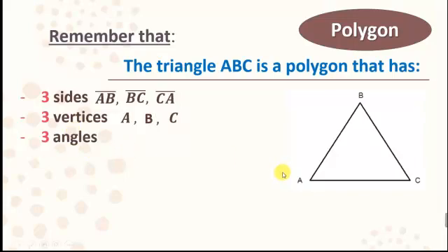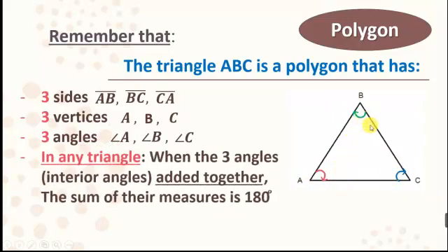Where are these angles? Angle A, this is the sign for the angle, this one. Angle A, angle B, and angle C. So I have three angles. If I add these three angles together, and I call these angles the interior angles of the triangle, because they are all inside the triangle.